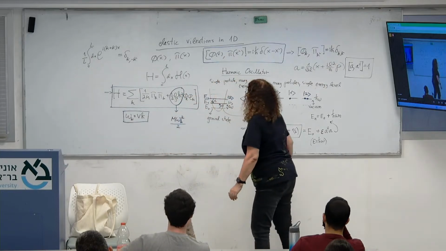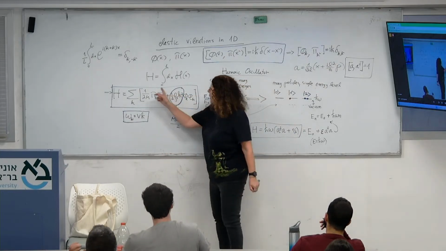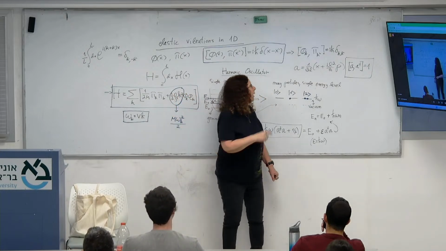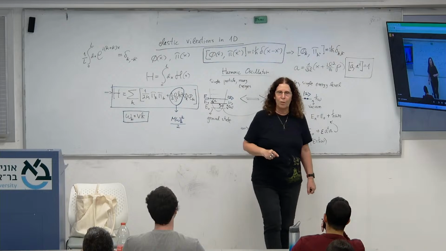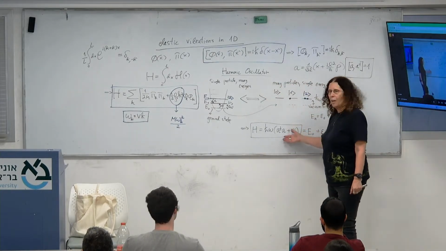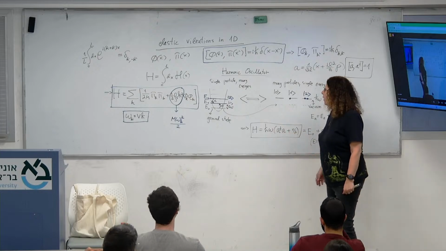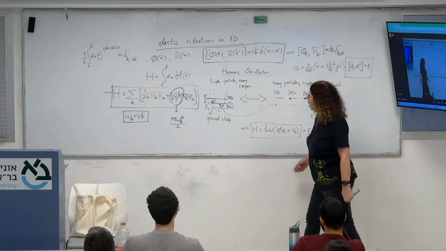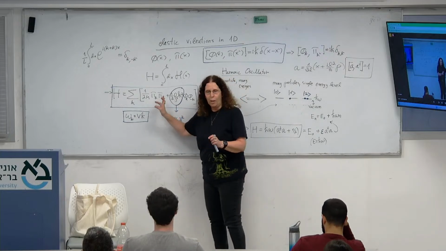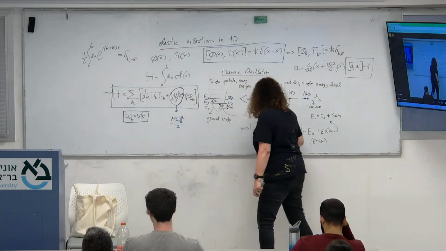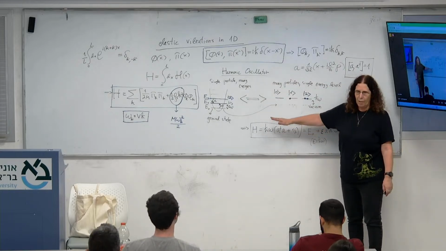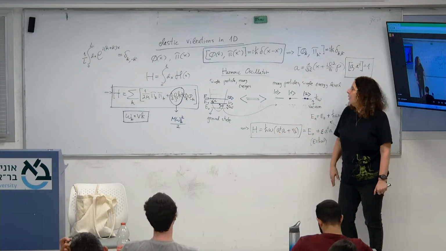But otherwise, soon we are going to define creation and annihilation operators of new emergent particles, or phonons, in such a way that they will take into account this complication of the k and minus k, but they will eventually behave exactly the same as in the single particle case.